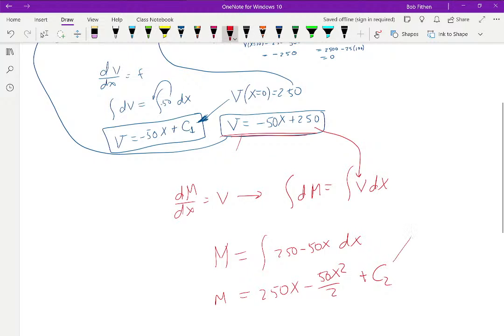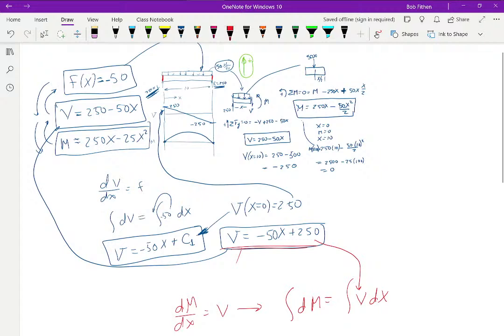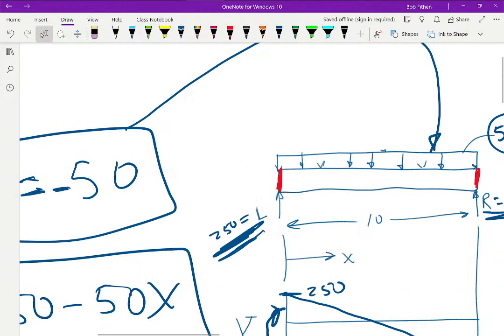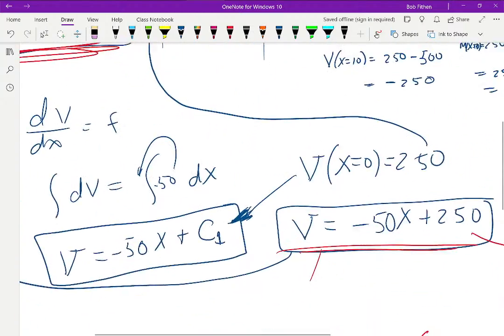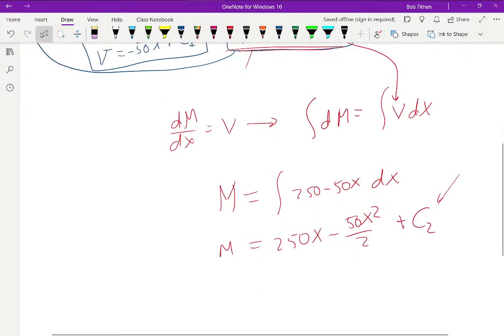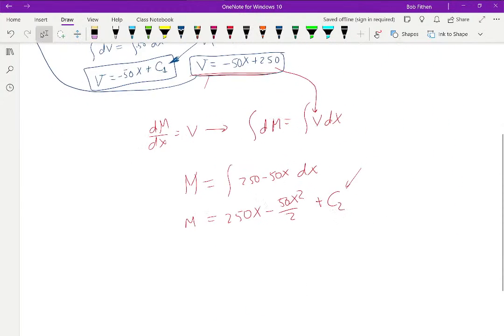How do you determine this constant of integration? Well, what happens here is quite interesting. On the end of the beam, there is no applied moment. There is an applied shear, not an applied moment. So technically, there is a constant of integration.